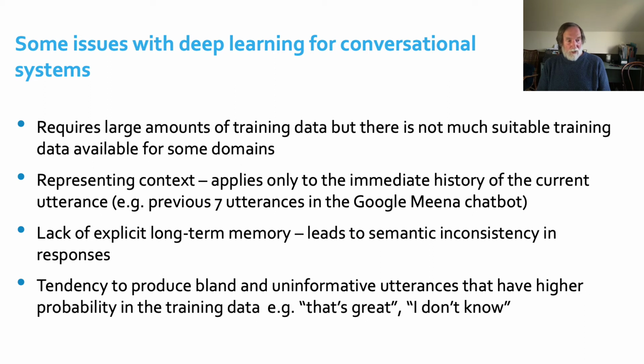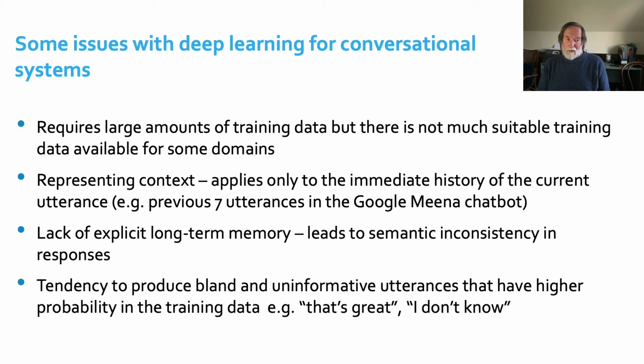A different issue is that there's a lack of explicit long-term memory, which can lead to semantic inconsistency, where the system, for example, will tell you that it's 25 years old, and then later will say that it's 45 years old, and there's really no consistency in the output from the chatbot.